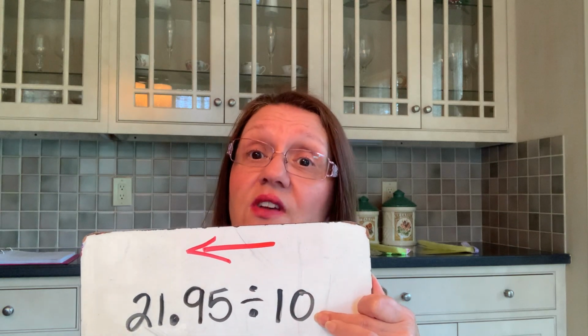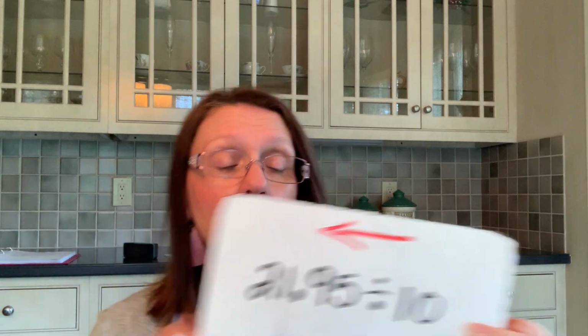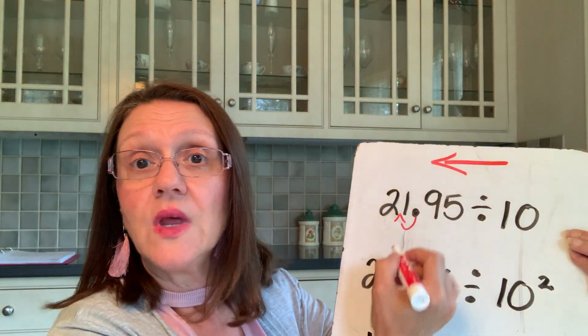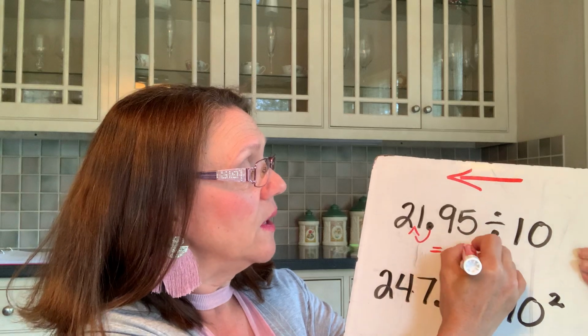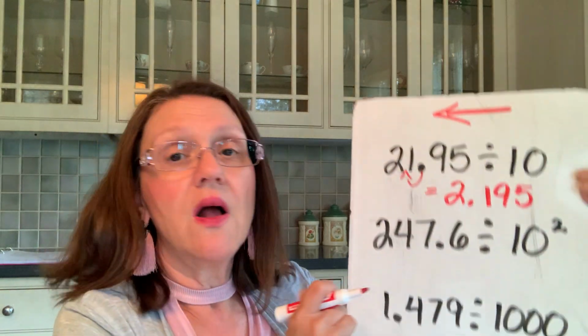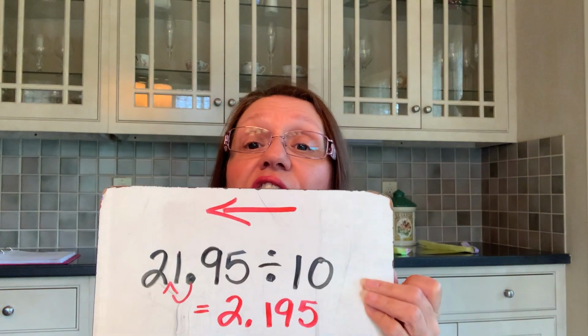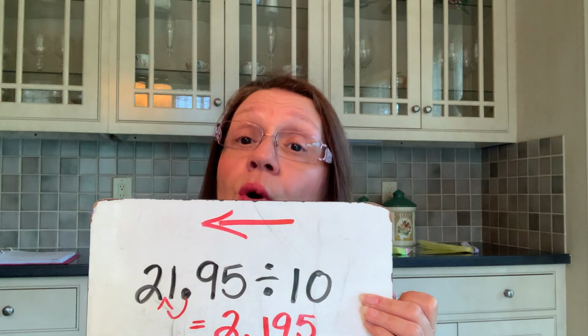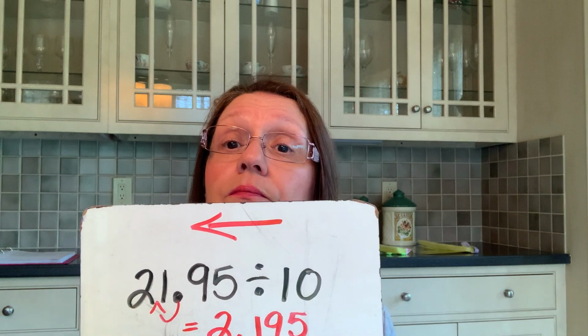In this case, I've got one 0, so I'm going to move the decimal one place value, which is going to look like that. So my answer here is going to be 2 and 195 thousandths, and we're done. It's really, really simple. And your notes will cover this.